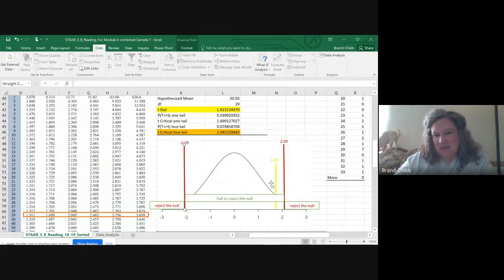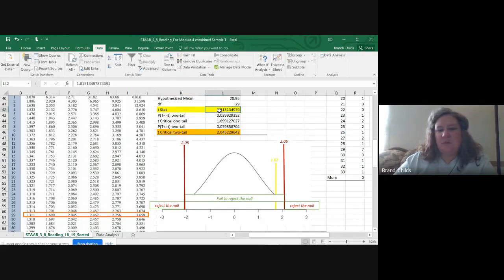So this tells me both of my tails. Once again, here's a tail and here's a tail. And it's 2.05 if we round it. So I just simply put a little bit past negative 2.05 and then positive 2.05. And my t statistic, which is the very important one because that tells me where it falls inside or outside the category, as you'll see on the second spreadsheet we did, is it aligned or is it not aligned?